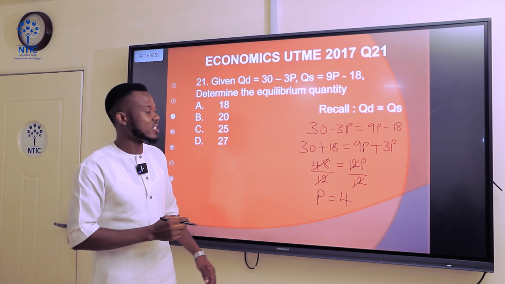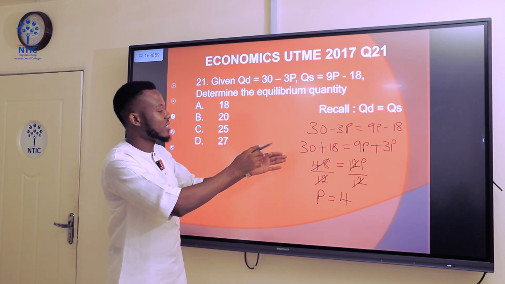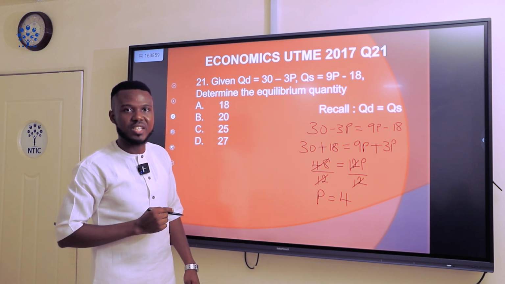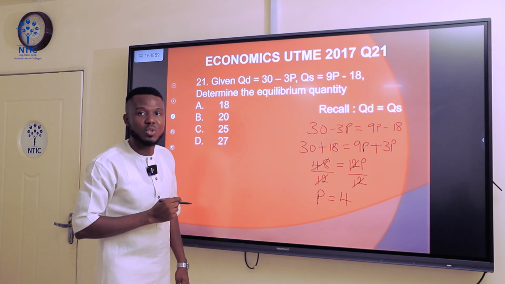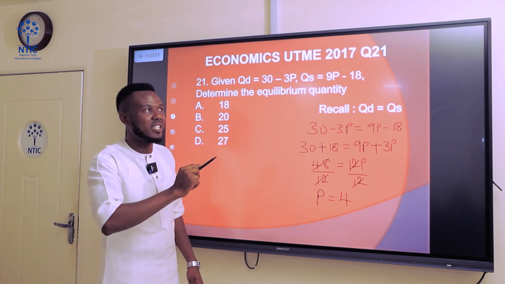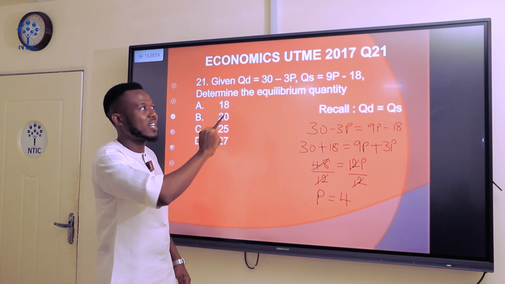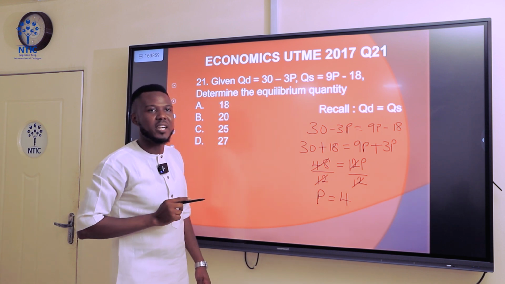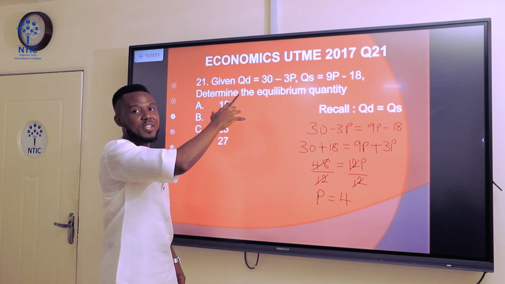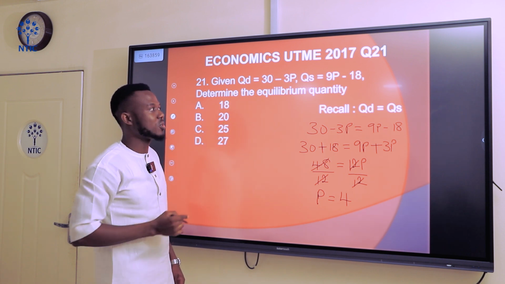Now, at this point, we would replace the price wherever we find p in the equation to get our equilibrium quantity. If we solve for quantity demanded, we will get the same answer as solving for quantity supplied. So it is our choice to choose any of the equations to substitute into.